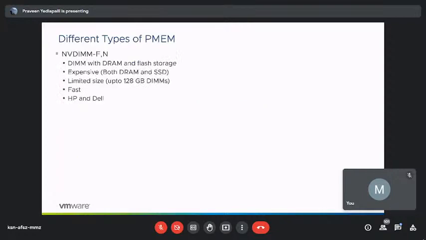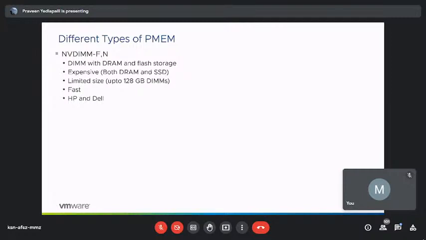Okay, so NVDIMM-F or N, what it does is, on the DIMM itself, there is both a DRAM chip and a storage chip. It has some internal firmware which will move the data from DRAM to storage, and it has some complicated algorithm to do that.